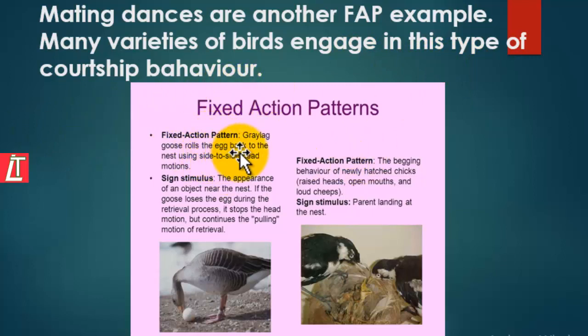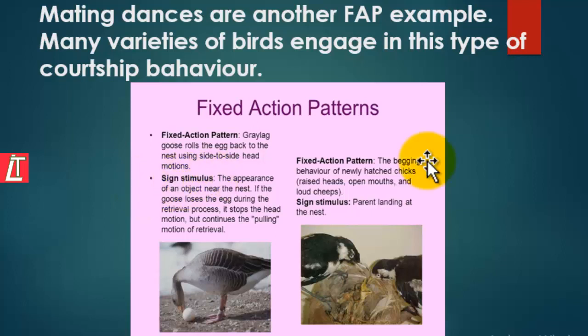Fixed action pattern: the greylag goose rolls the egg back to the nest using side-to-side head motions. Sign stimulus: the appearance of an object near the nest. If the goose loses the egg during the retrieval process, it stops the head motion but continues the pulling motion of retrieval.